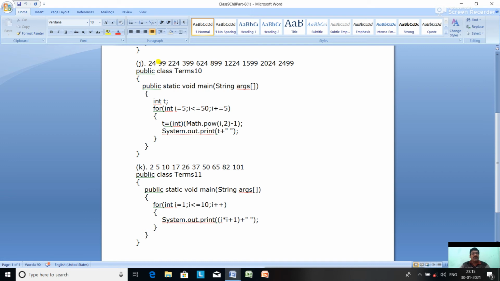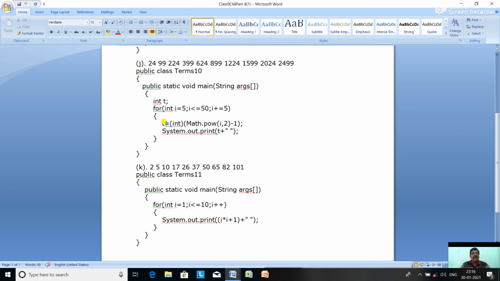The 5 square, table of 5, 5 square 25, minus 1 is 24. After 5 comes 10. 10 square 100, minus 1 is 99. Then comes 15. 15 square 225, minus 1 is 224. Then comes 20. 20 square 400, minus 1 is 399. So it is the table of 5, multiples of 5, 5 till 50, and it's a square minus 1.